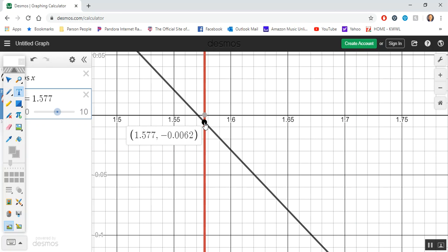Do you guys have those 2 points written down, 1.57 comma 0 and 1.577 comma negative, what is that? 0.0062, is that right? What's the first one? So the first one was pi over 2 comma 0 up here, right?